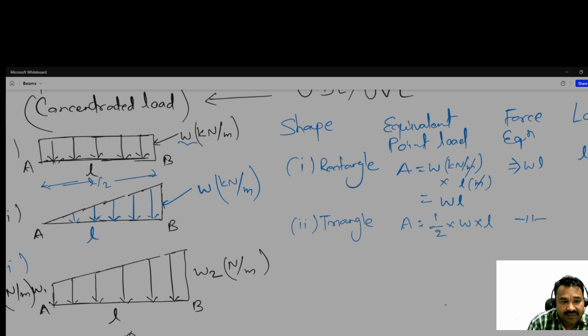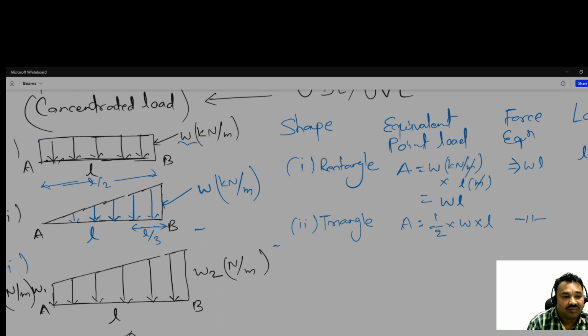Suppose from B, we are talking about the center of mass, so it is L by 3.